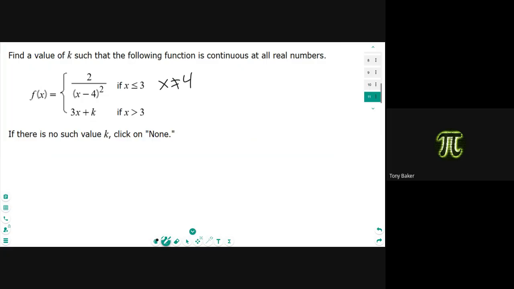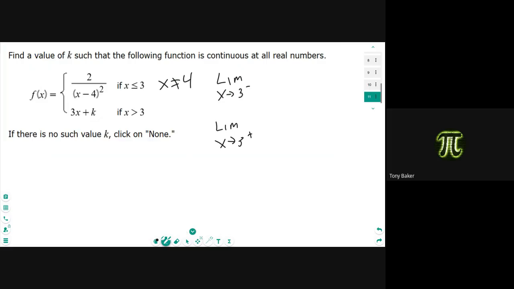For a problem to be continuous, the limits have to be the exact same. So the limit as I get to 3 needs to be equal to the actual value. So I look at the limit as x goes to 3 from the left, and the limit as x goes to 3 from the right, and we can find those two values.